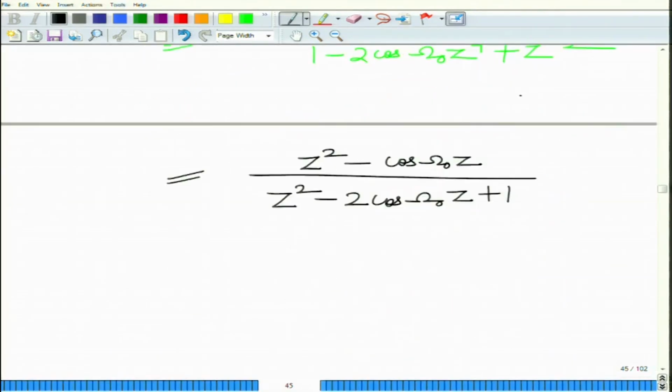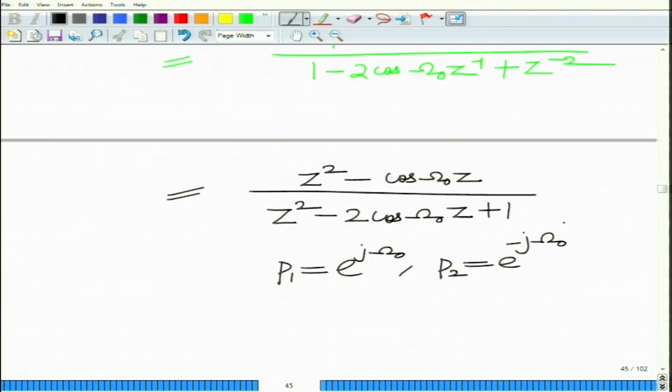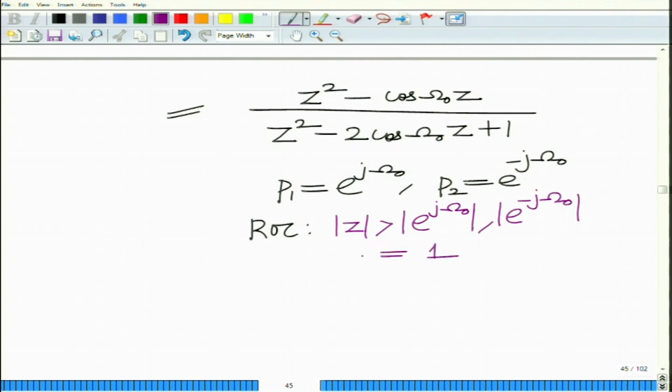So, the two poles are P1 equals e raised to j omega naught and P2 equals e raised to minus j omega naught, and therefore, the ROC, remember, ROC equals magnitude of z greater than magnitude of e raised to j omega naught, it has to be greater than magnitude of both poles, and magnitude of both poles equals 1.